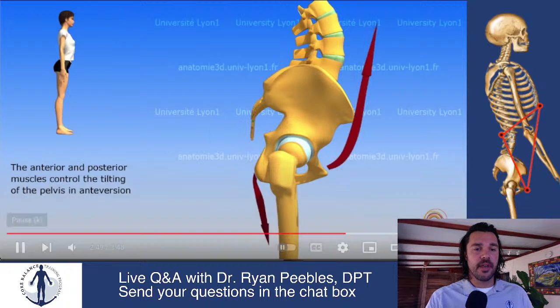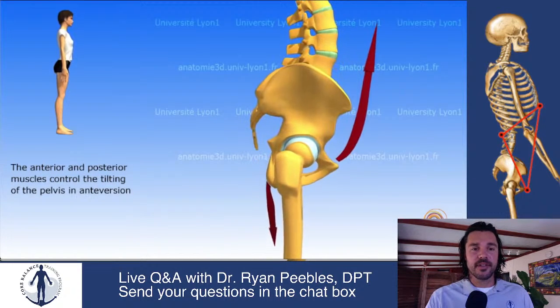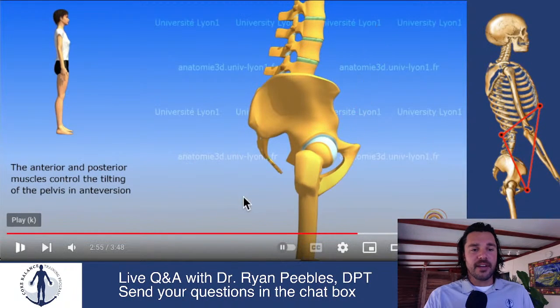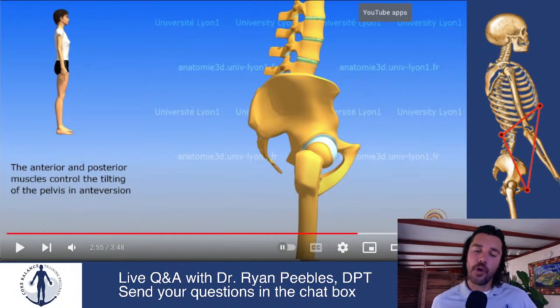And so in order to correct the problem, we want to reactivate these muscles that help us move towards a posterior tilt. And now I say towards a posterior tilt because we don't want to go into a complete full posterior tilt.